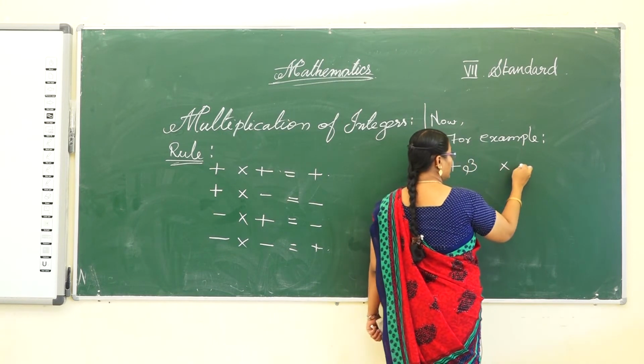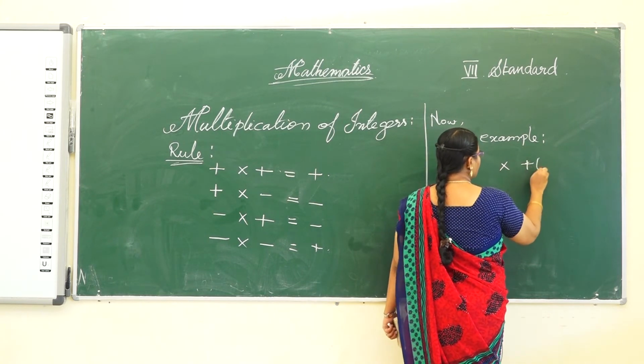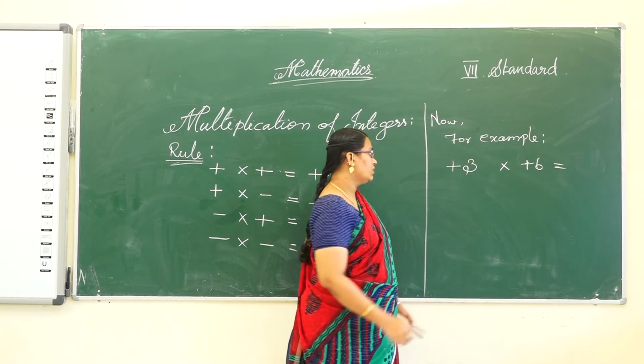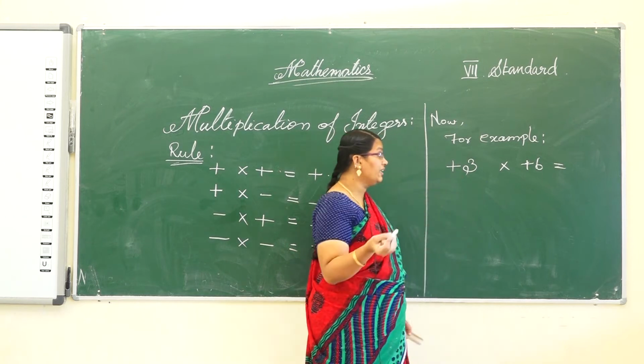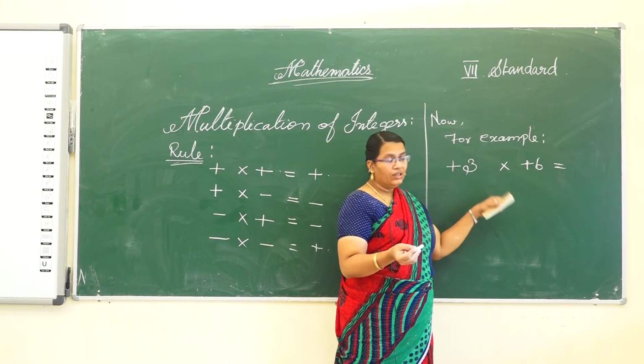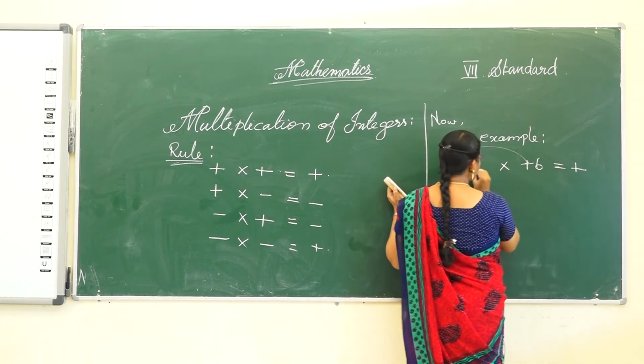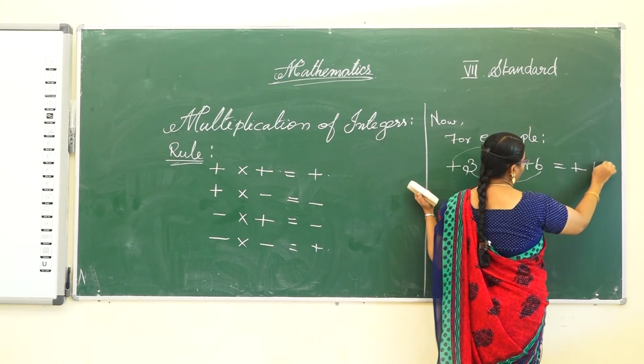Plus 3 into plus 6: both have positive values. First put the sign, then write the value of the product. So plus into plus is plus, 3 sixes are 18.